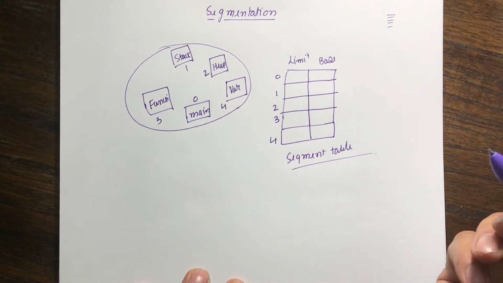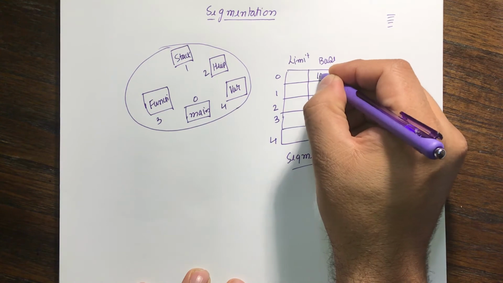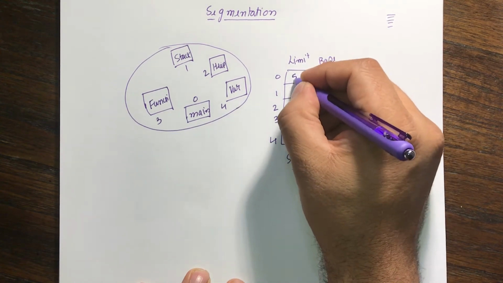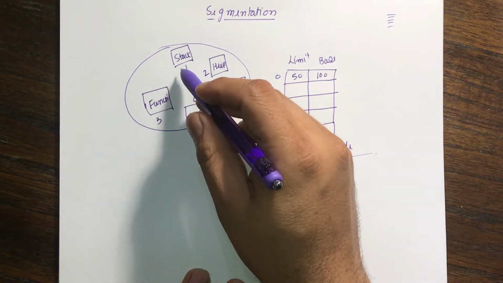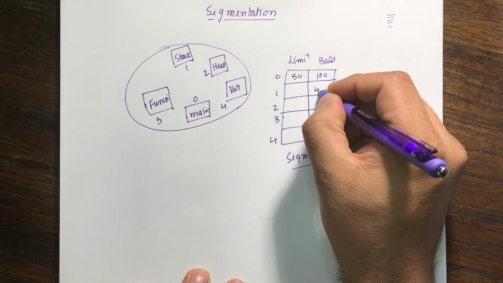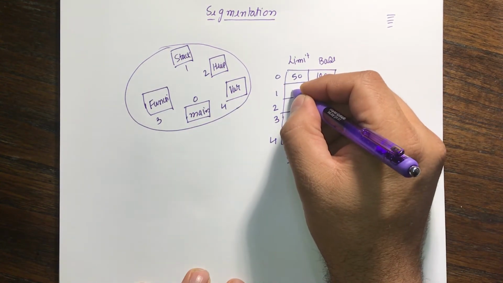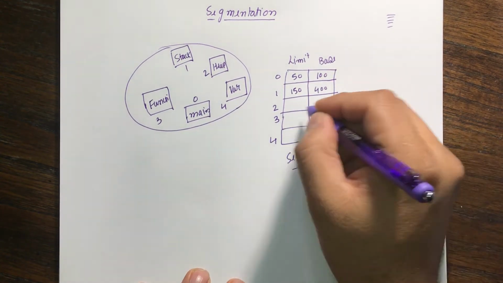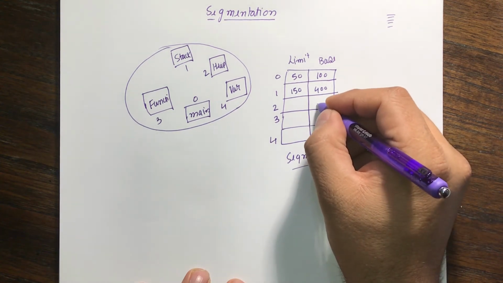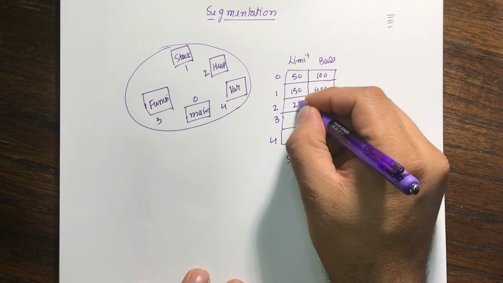So let's say segment 0 starts from location 100, and it is of size 50. Let's say segment 1, the stack, starts from location 400, and its size is, I don't know, 150. Let's say this starts at location 300, and its size is 25.